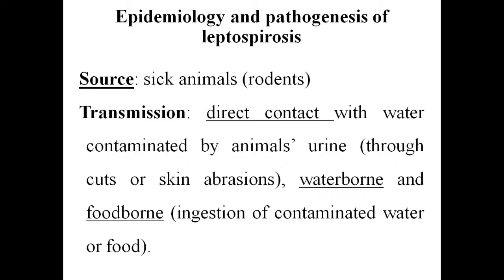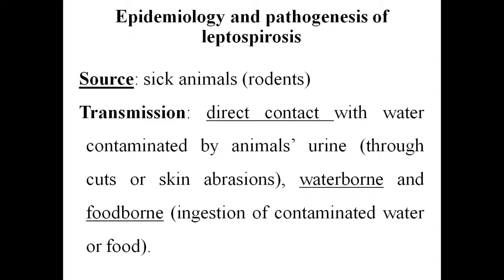Epidemiology and pathogenesis of leptospirosis. Sources of infection are animals, wild animals mostly. Rodents. They discharge bacteria with urine during urination. Transmission: leptospirosis is transmitted by direct contact with water contaminated by animals' urine through cuts or skin abrasions.